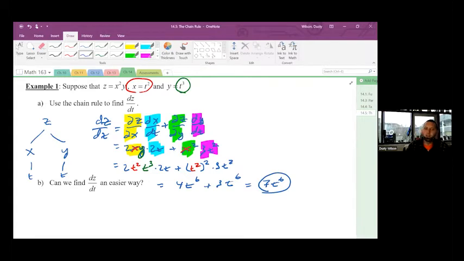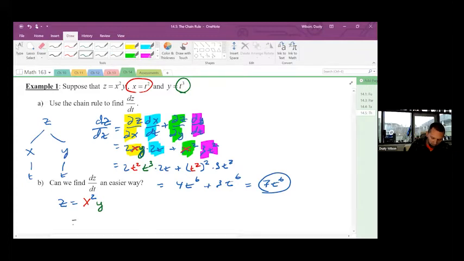In part B, can we find dz/dt an easier way? The answer is yes. We could take that original function, z equals x squared y, and we can do our substitution right from the outset.